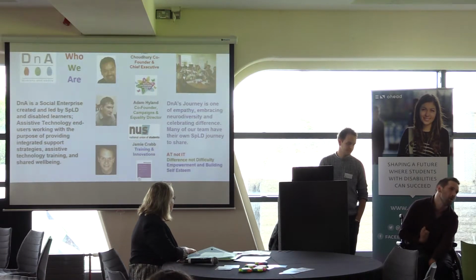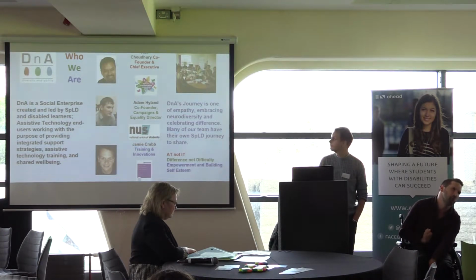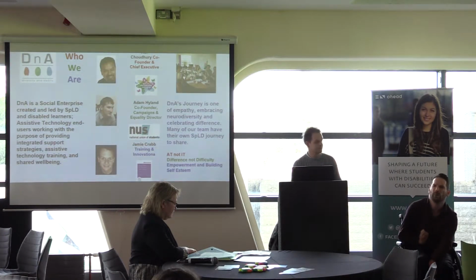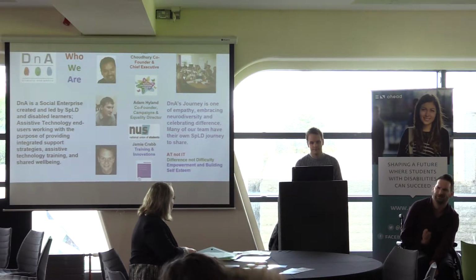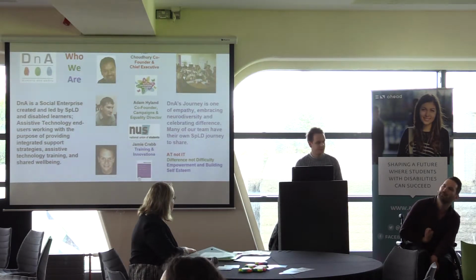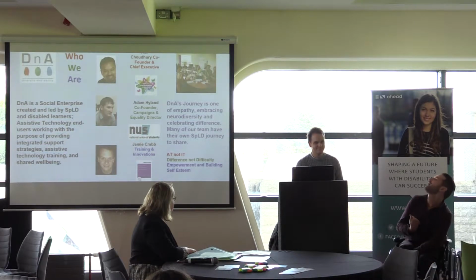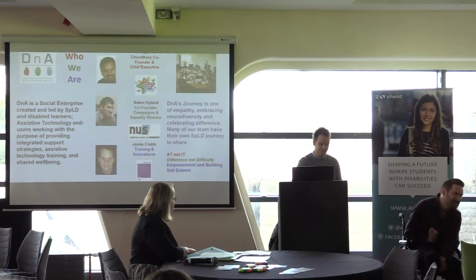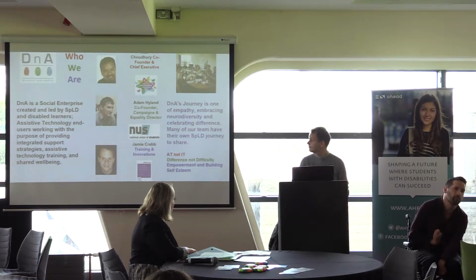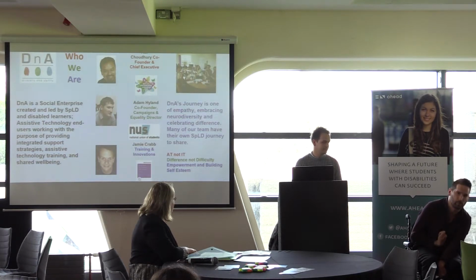My previous role was the NUS Disabled Student Officer, responsible for campaigning for disabled students across the UK. This is my wonderful colleague, Jamie Crabb. Jamie is the head of training and innovations at DNA, and he's going to be the one leading the journey over the next 20 minutes or so.